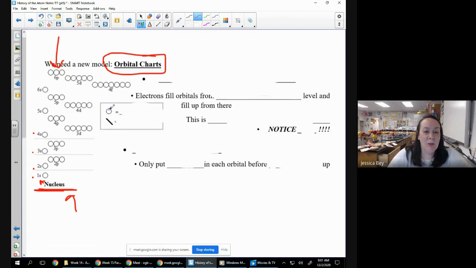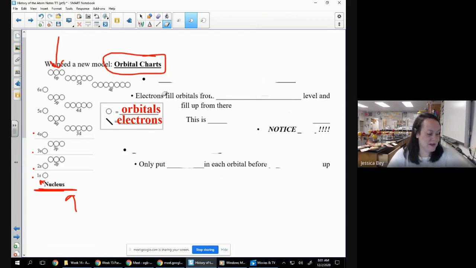And each circle here represents an orbital. And what you do when you fill in this model is if you put a slash in, that is an electron. Okay, so now there are 2 scientists that developed rules in order to fill this model in correctly.